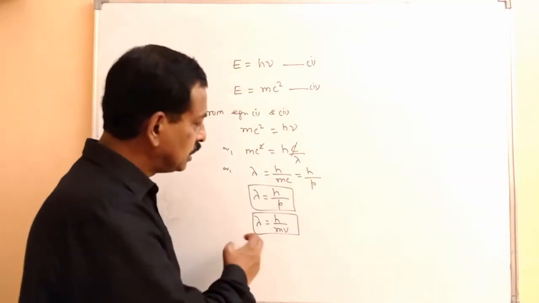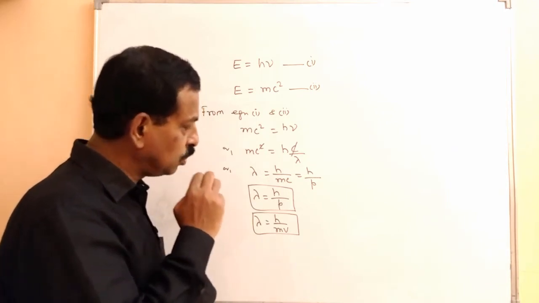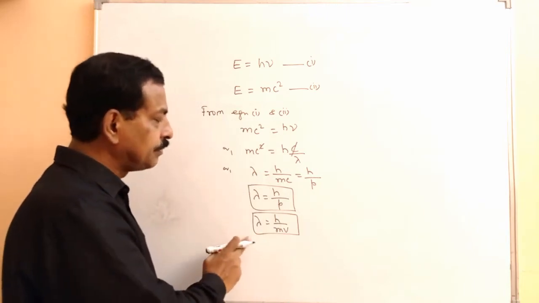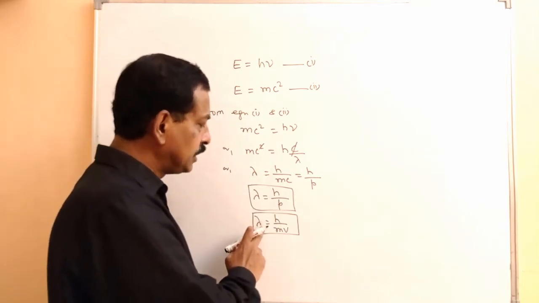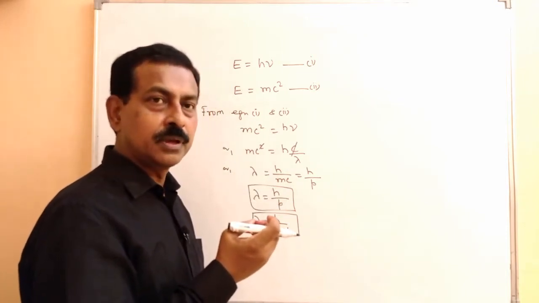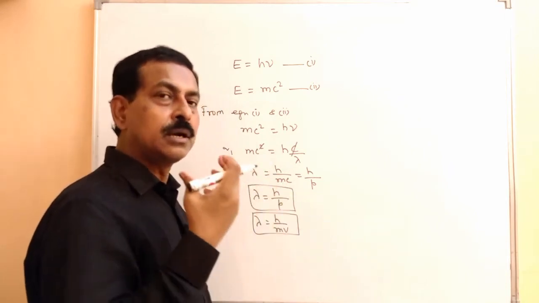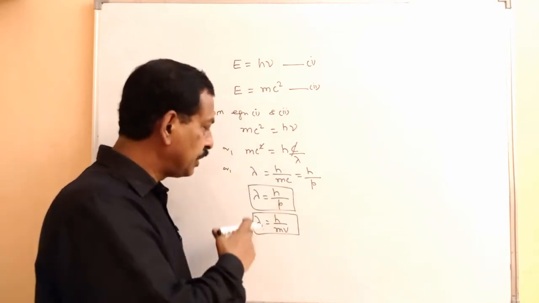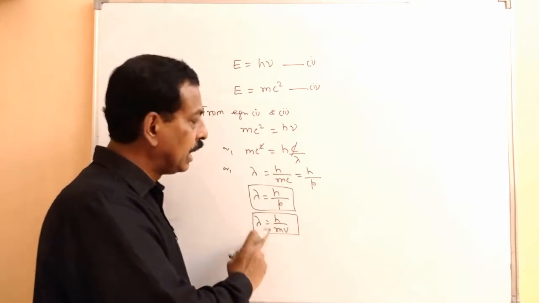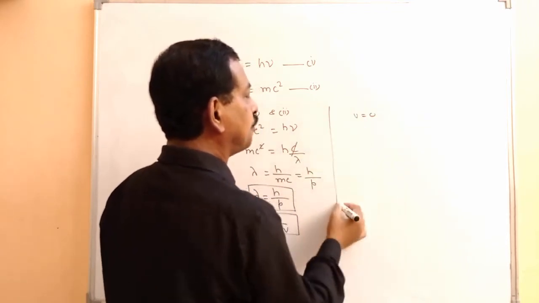Now from this de Broglie relation, we can also conclude a few more things. First, it is the wavelength associated with a material particle. So a moving material particle is associated with a wave, whose wavelength is represented by this relation. Now suppose we assume that v is 0.